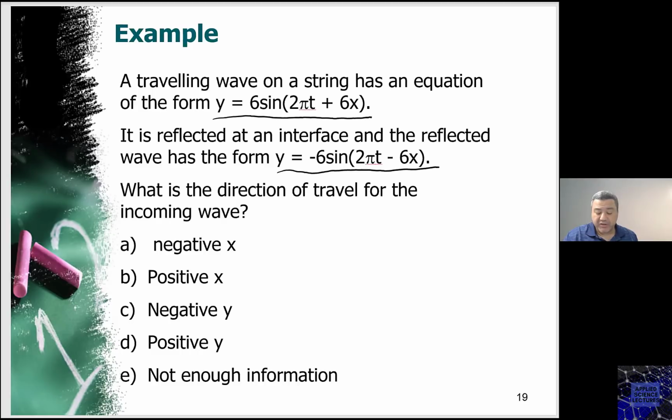What is the direction of travel for the incoming wave? This is my incoming wave, this is the reflected. The incoming wave has a plus, which means it is in the negative x direction.